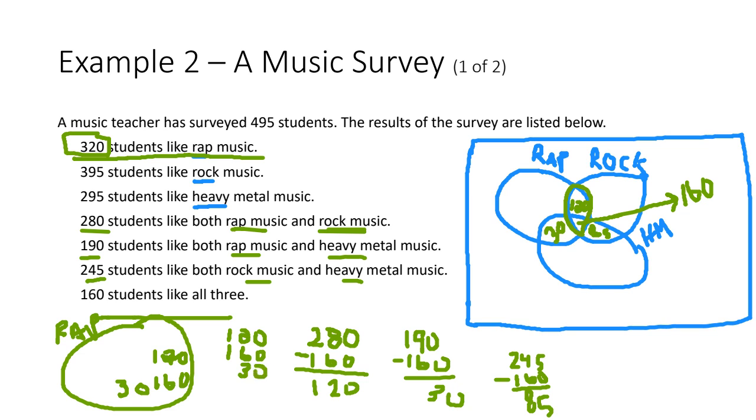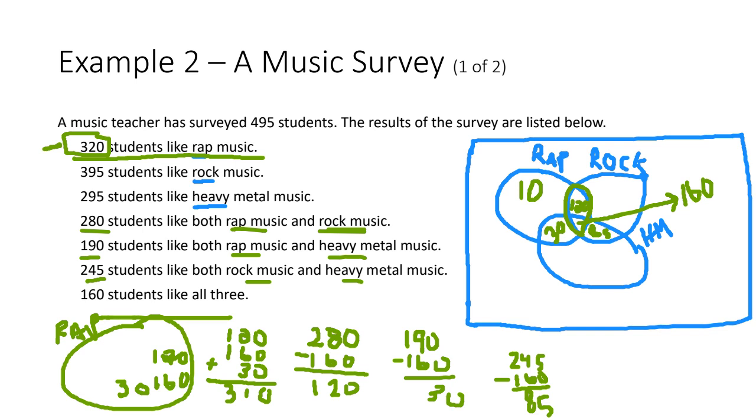So we have 310. But if we should have 320, and right now we have 310, that means we're missing 10 people. So those 10 people would go just in the rap area.